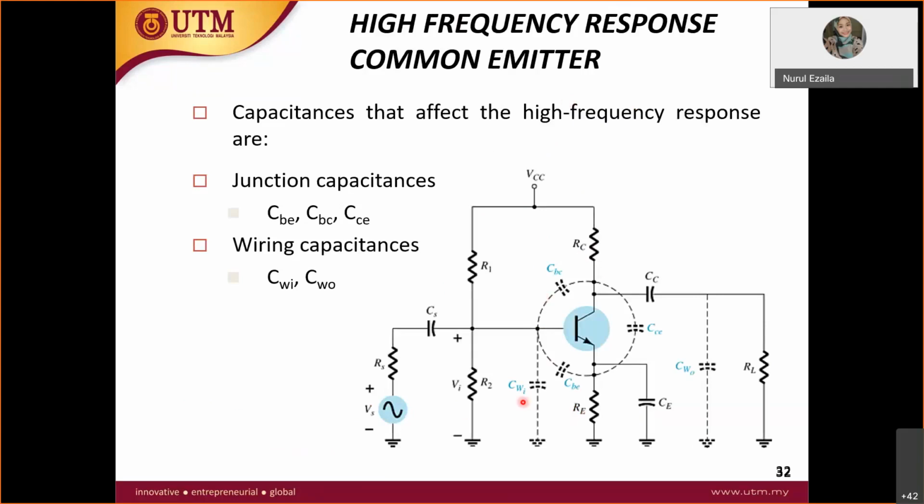For example, here this is your collector, this is the base, and this is the emitter. Between each terminal, junction to junction, there is internal capacitance. From base to collector, you have capacitor CBC. From base to emitter, you have CBE. From collector to emitter, you have CCE.